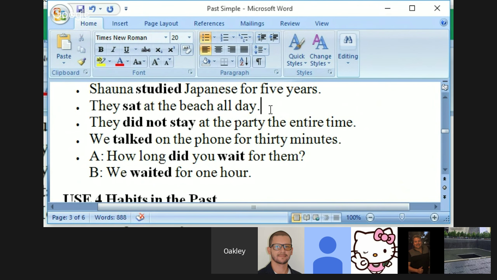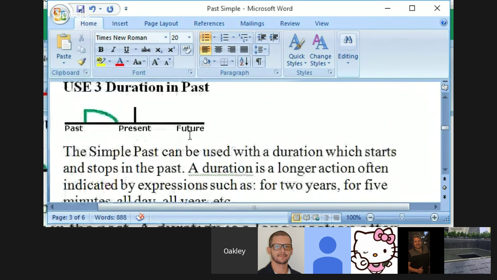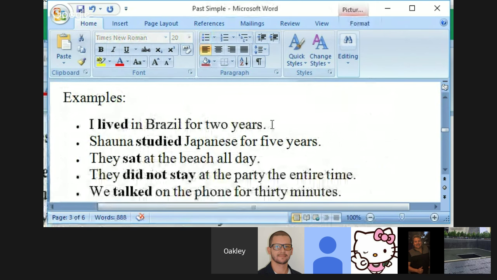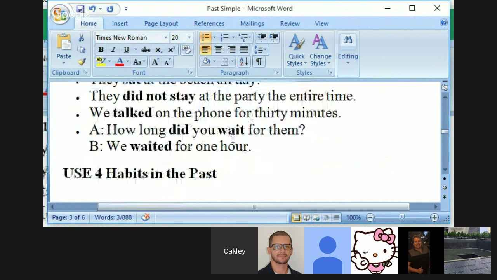I can add this phrase to make it obvious that it's a duration. When a native speaker uses past simple and doesn't include a time phrase of duration, the listener or reader just hears it as done. That's done. And that's the main idea.